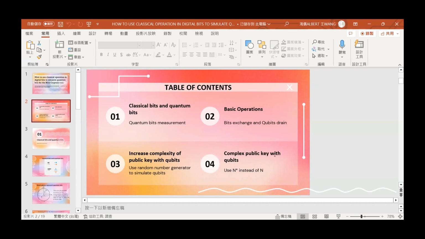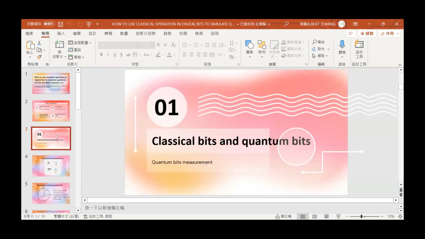And fourth, we use the flow of the public key and modify it with the quantum piece. The first part, we consider the quantum bits measurement.